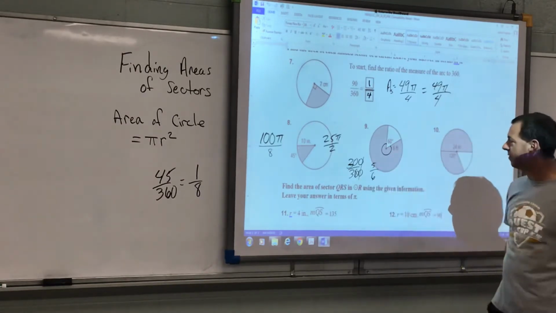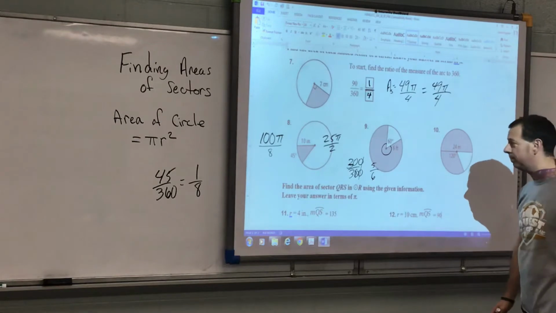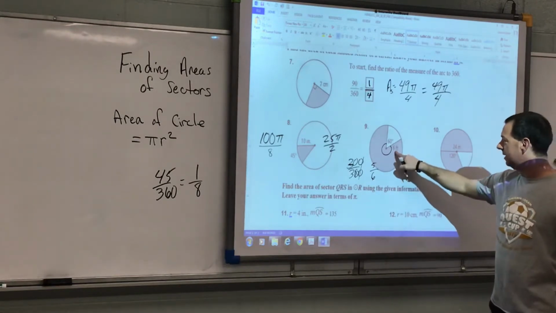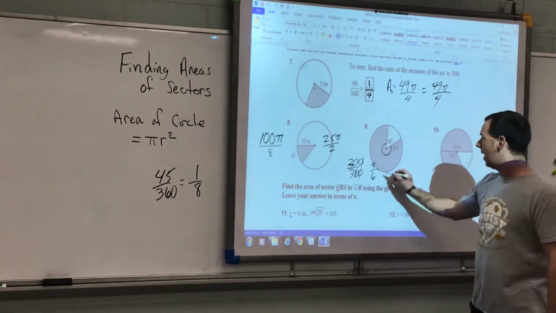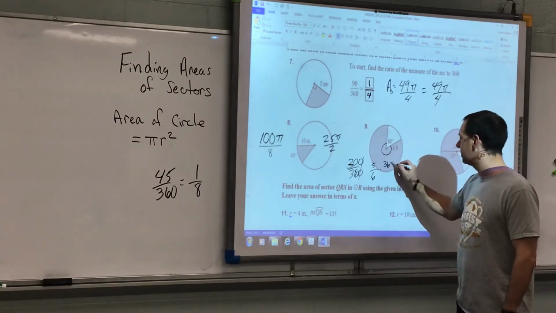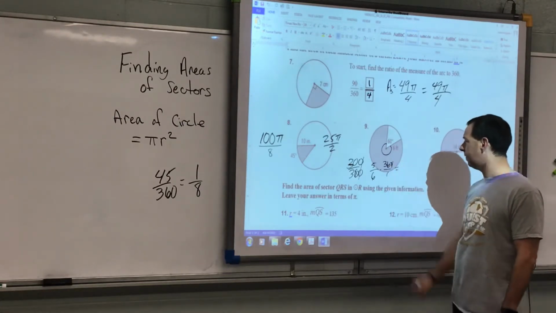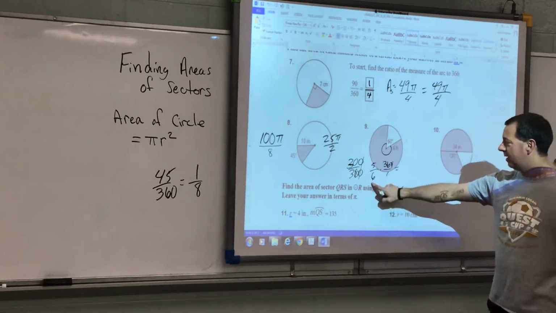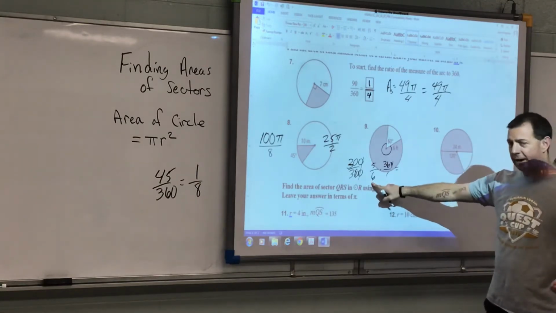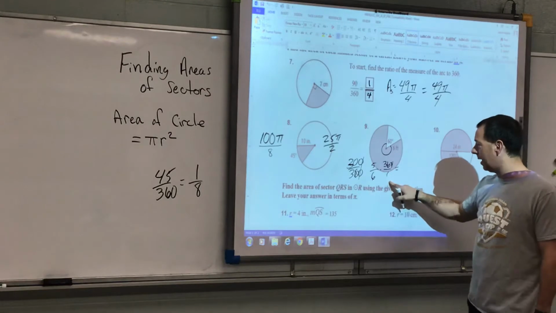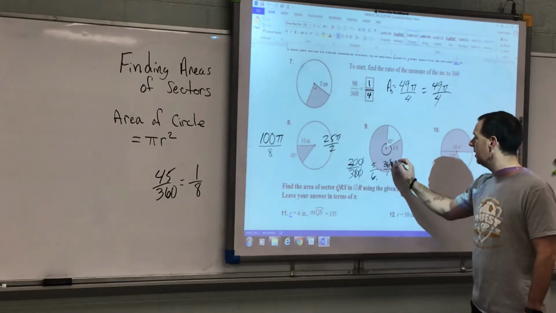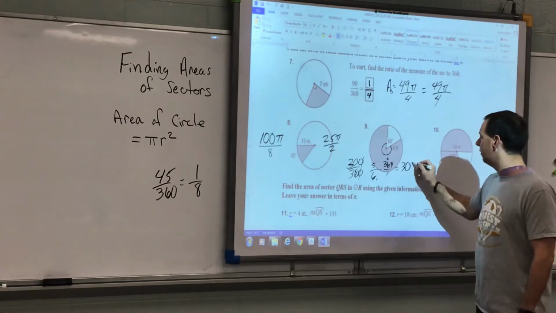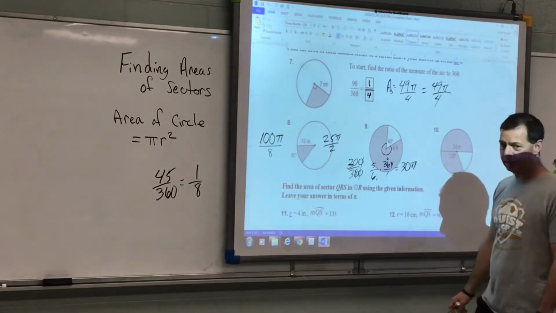That sector is 5/6 of the circle. Since the radius is 6, 6 times 6 is 36, so that is 36 pi. Simplifying, I'm going to multiply the fraction of the circle by the area. 36 over 6 reduces to 6 and 1. So therefore the area of that sector is 30 pi.